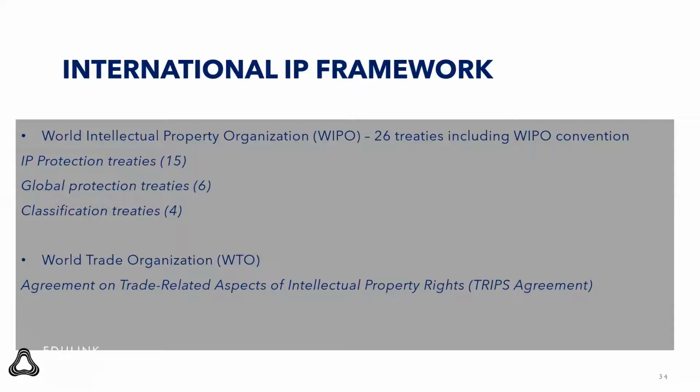The World Trade Organization also has an agreement, generally called the TRIPS agreement. The full name is Agreement on Trade-Related Aspects of Intellectual Property Rights. This is just some background information so that you all know how the IP framework works globally.